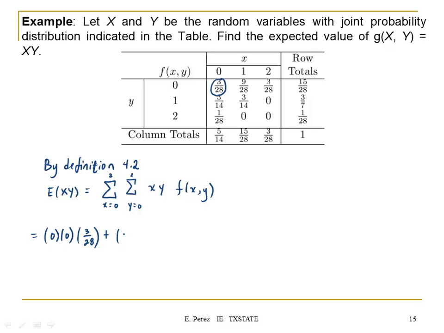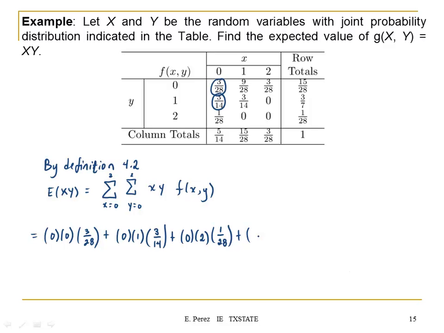Plus 0, 1, 0 times 1. So we are looking at this value, 3 over 14. Then we have 0 times 2 times 1 over 28. Then we move to x equals 1.